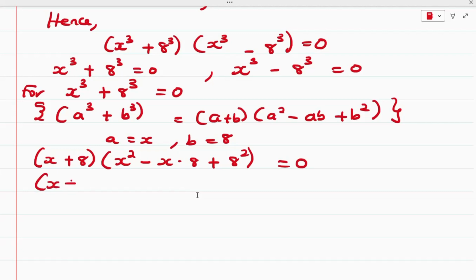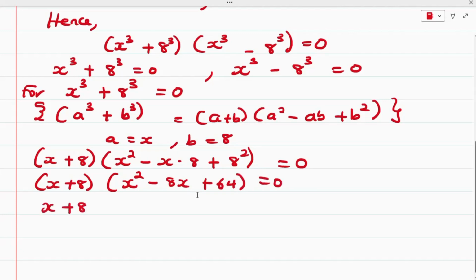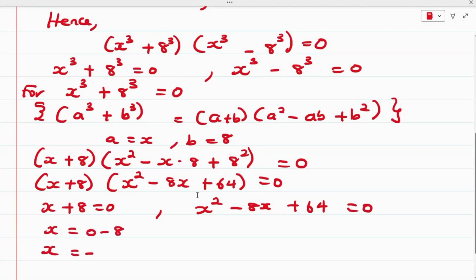So we have x plus 8 multiply x square minus 8x plus 64, and this is equal to 0. So we have x plus 8 equals 0 and x square minus 8x plus 64 equals 0. So x is equal to 0 minus 8 and x is equal to minus 8.